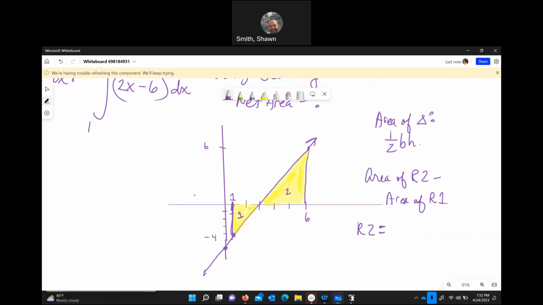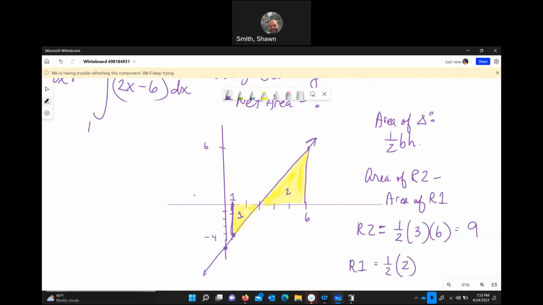Region 2, 1/2 of the base, 1, 2, 3, so 3 units, times the height, which went up to 6, right? So that gives us 9. Region 1, again, 1/2 of the base, you can physically count it, 1, 2, times the height of that triangle.